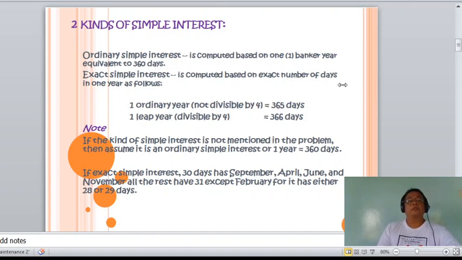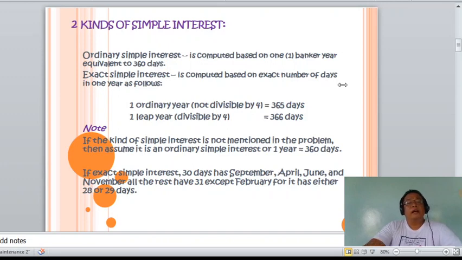So the assumption of a banker is that 1 year is only 360 days. That is the denominator used in an ordinary simple interest in computing the rate of interest.